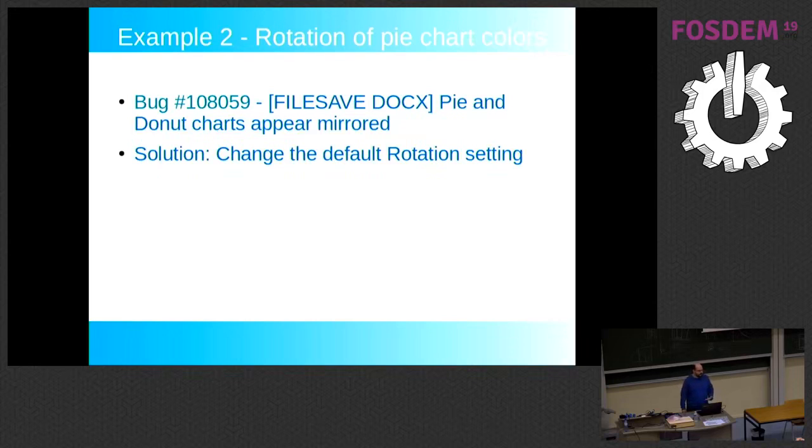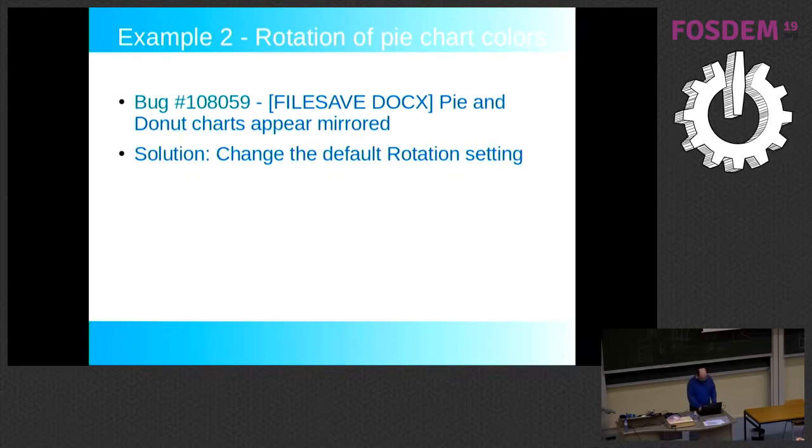So when people insert a pie chart, save it, and reopen it, they see it's mirrored. What the hell? Did I do something wrong? No, they did not, but still it is a little bit of a source of confusion. But what if we would just change this default rotation setting, and people would see the same as with the OOXML format?